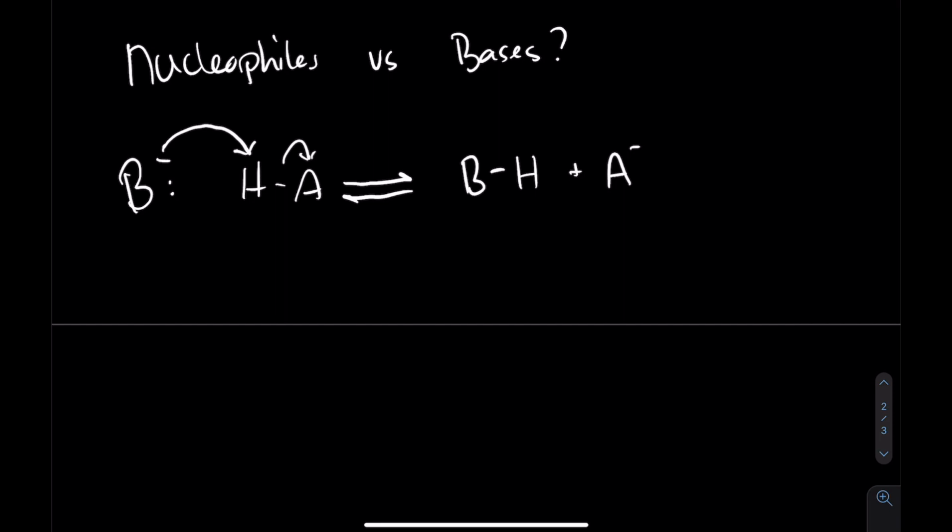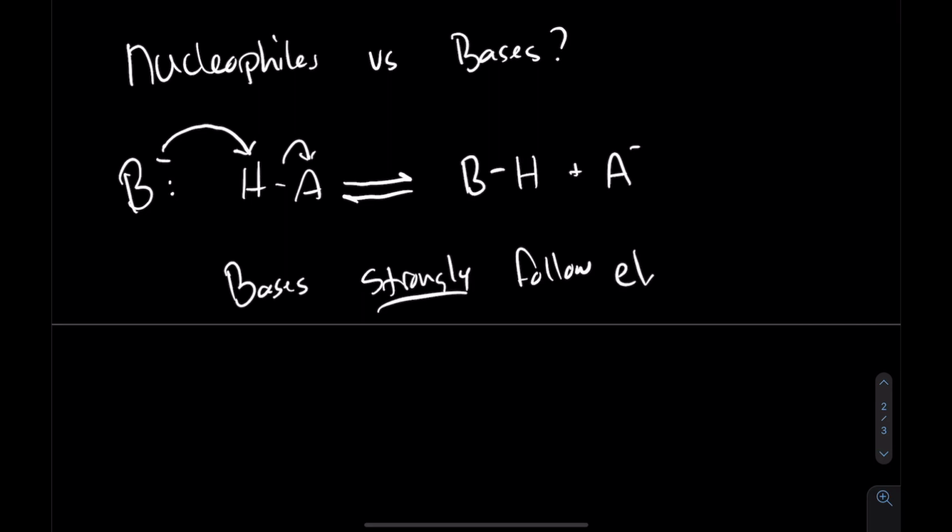All right, and in a periodic table, strictly speaking, this is 100% related to electronegativity. All right, the more electronegative a compound is, the better base it is. That is not true for nucleophiles. So bases strongly follow electronegativity.